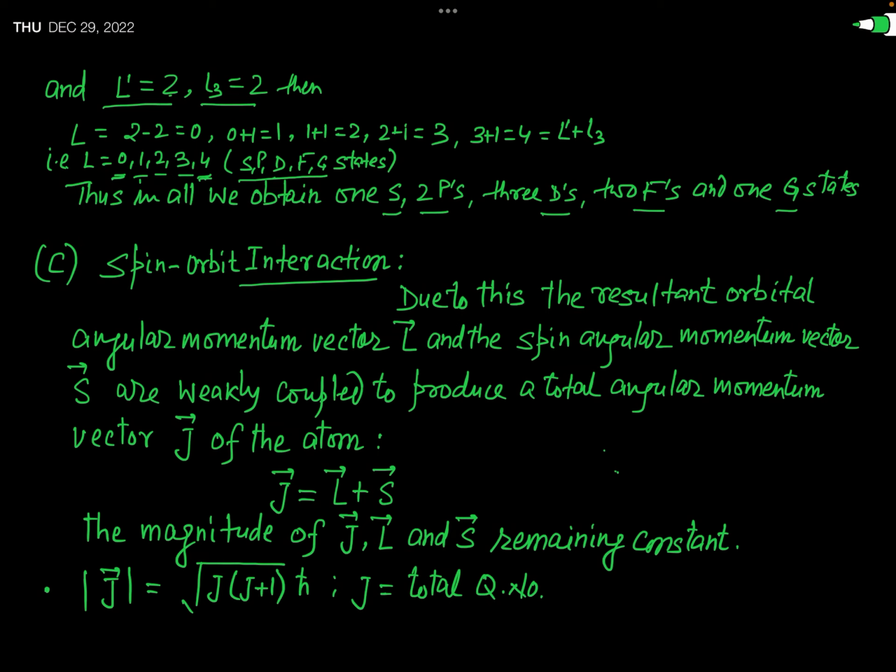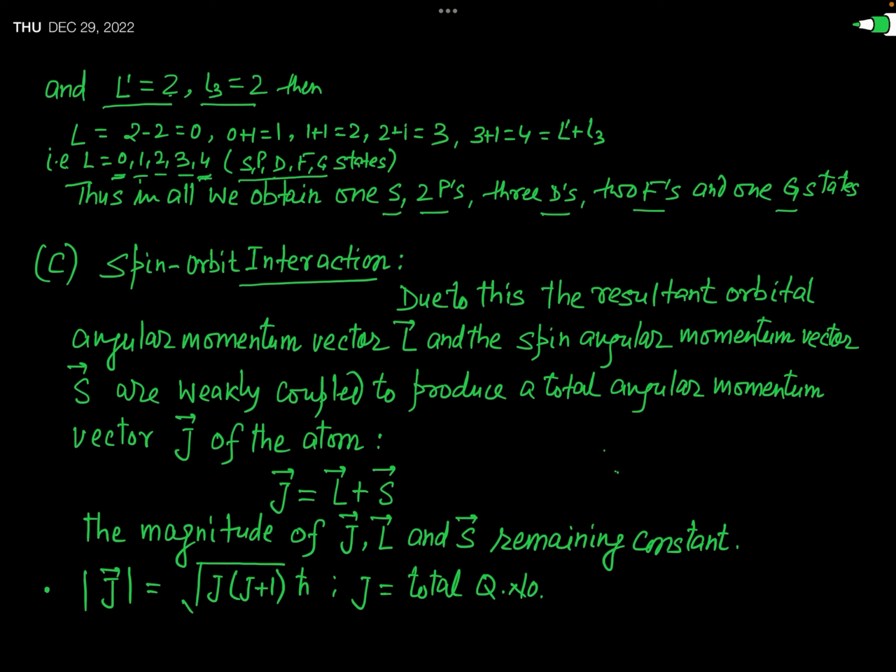So in this way you can find the total angular momentum L of an atom by adding the individual angular momenta of the optical electrons. In case of 2 electrons it is very easy.